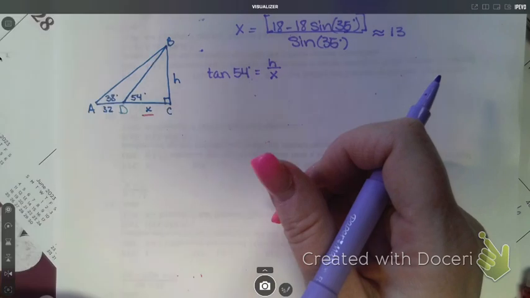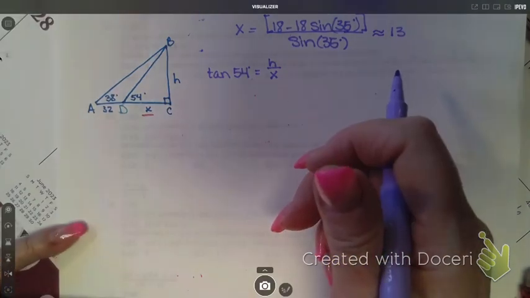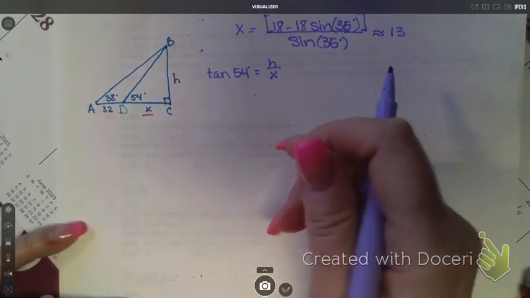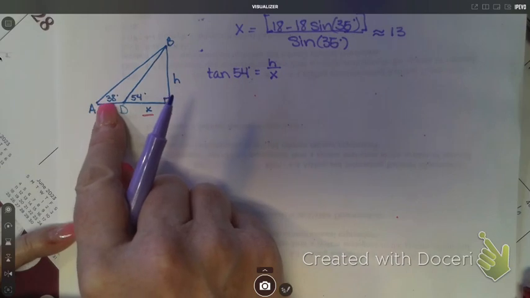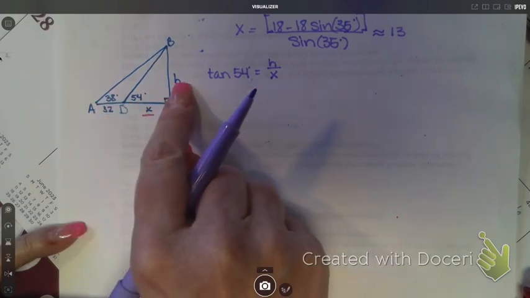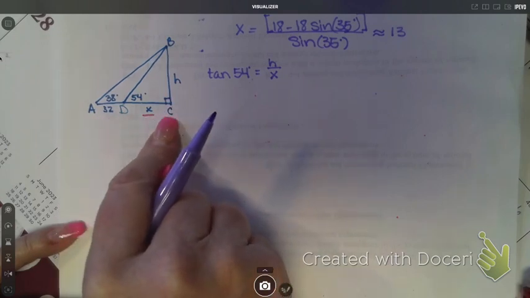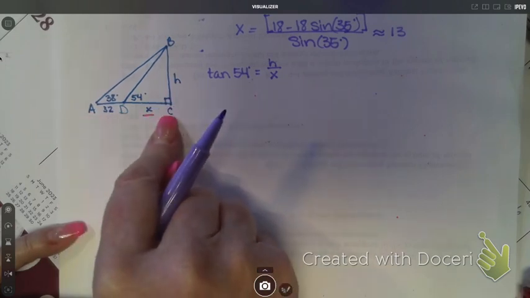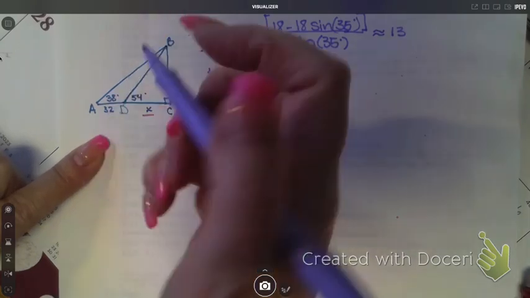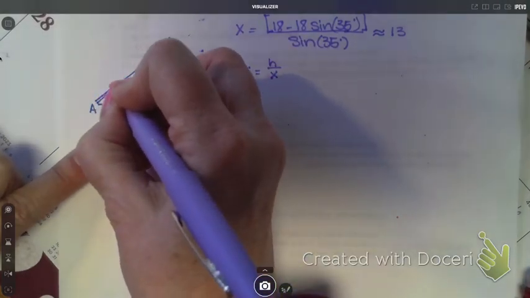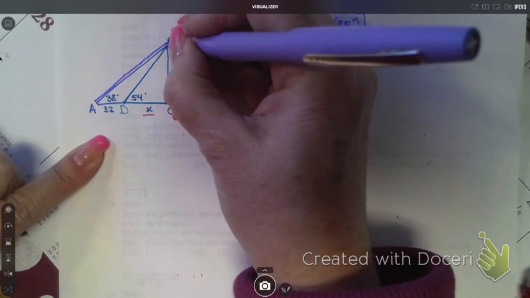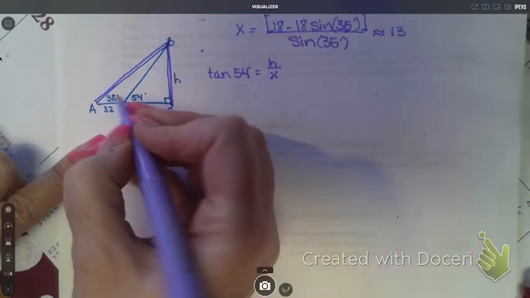So, well, we're lucky. Do we have another right triangle that involves both of those variables? Yes. So 38, and we have the opposite again, and we have information about the what? Adjacent. So the other right triangle is the whole triangle, correct?